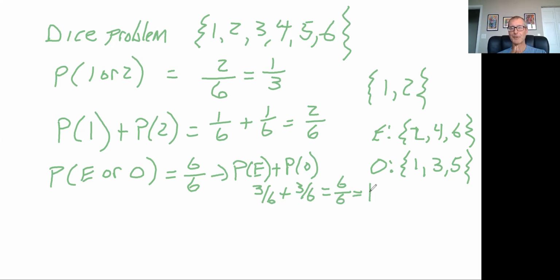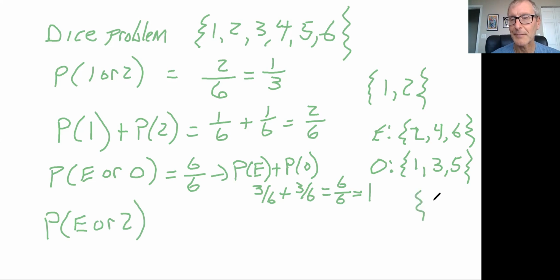But what happens if we do this? The probability of an even or the number 2. Well, if we do it the way we were doing it, and we just add up the successes, that's 1, 2, 3, 4.